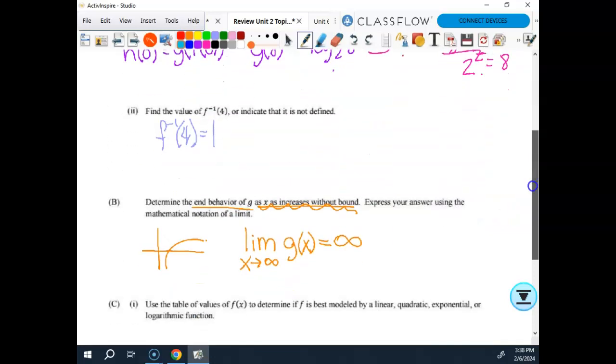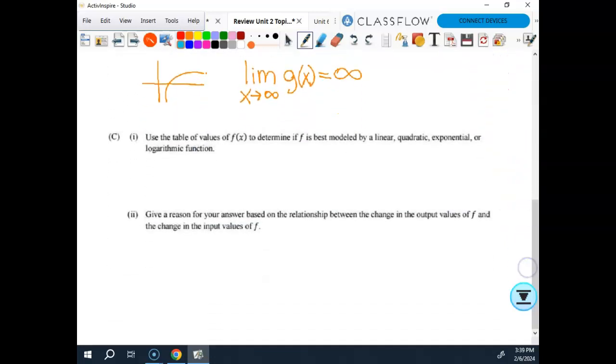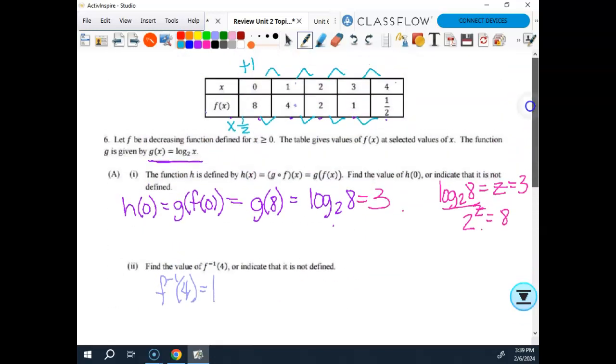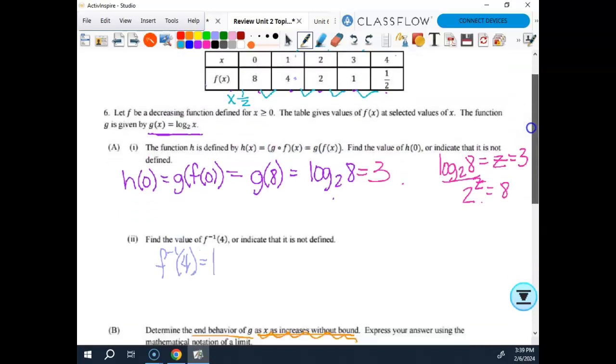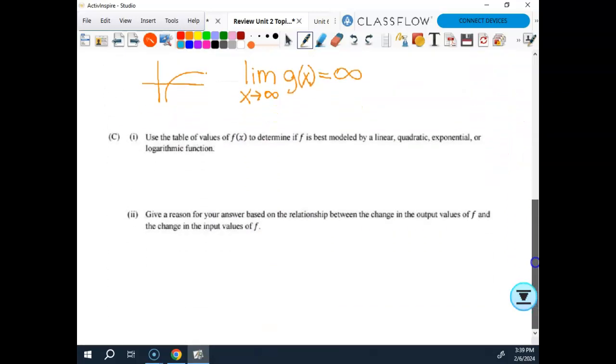So, go back down here. Oh my God, I scrolled and I already forgot what I had up there. This is exponential, right? So my answer here is exponential.